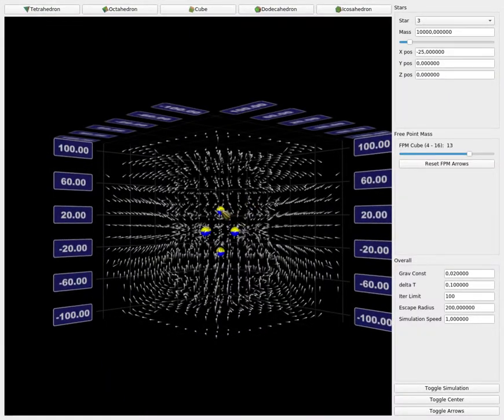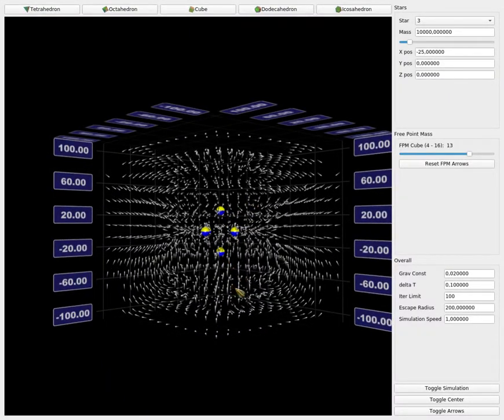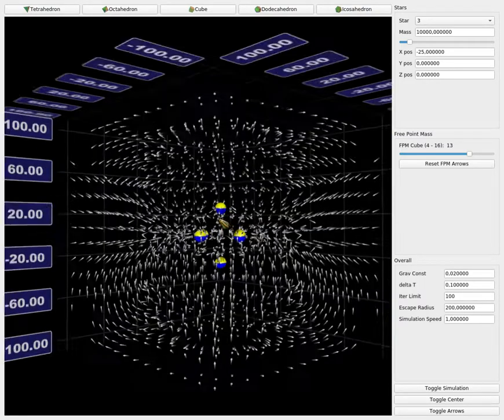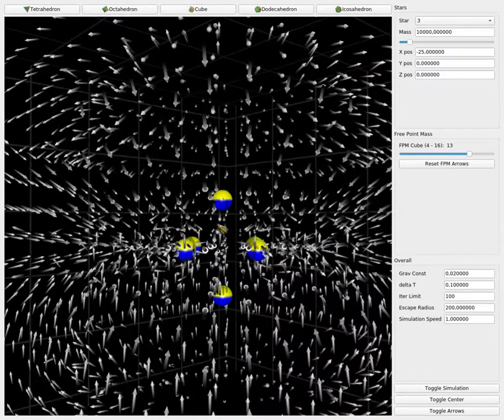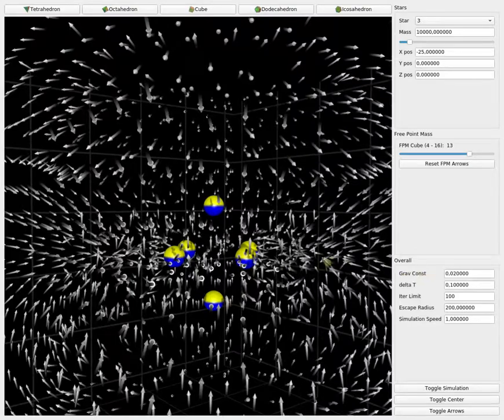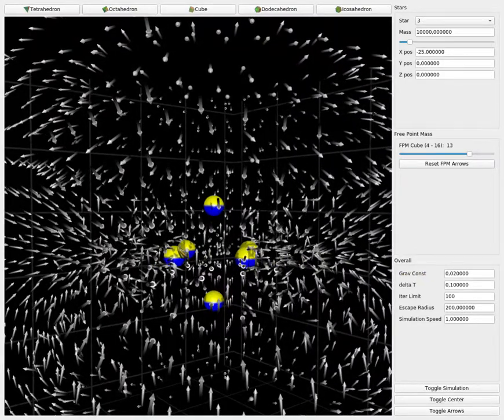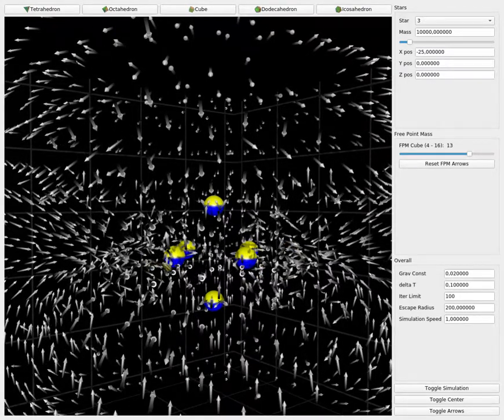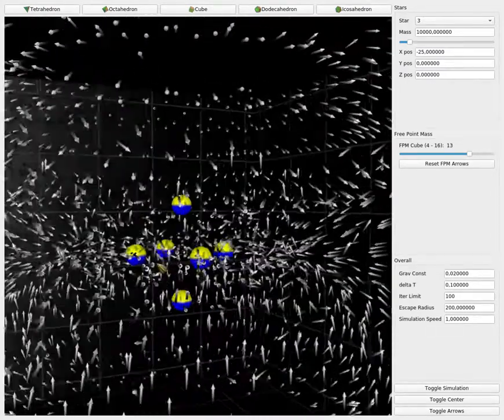So now the top and bottom stars actually have a negative gravitational field because they're negative masses again. And then the four stars around the ring of this octahedron, they're positive again.